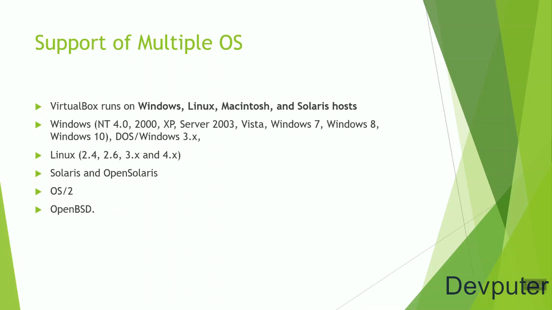And inside Linux, different kernel versions and many different OS versions are there, Ubuntu, Fedora, etc. And Solaris, OpenSolaris, also OS/2 and OpenBSD are supported. So there are various operating systems supported by VirtualBox.